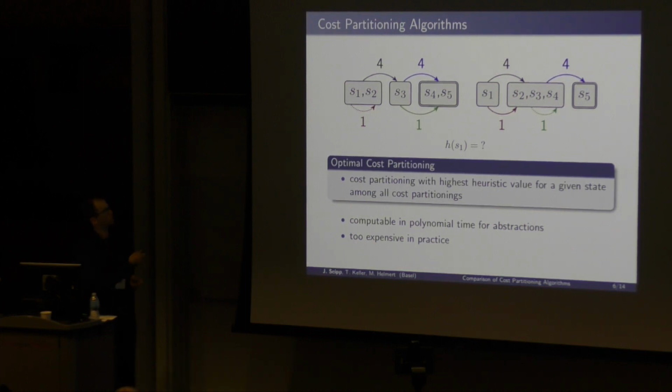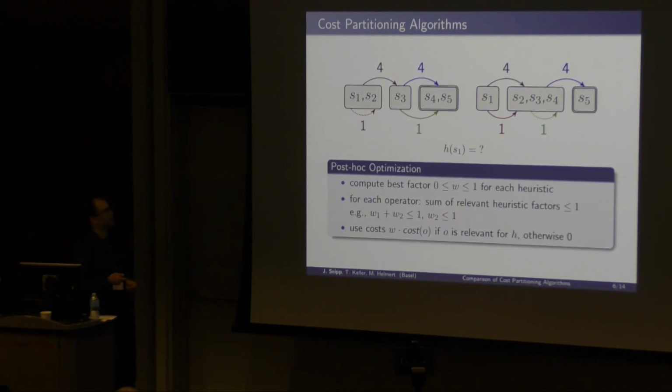So what would we get from optimal cost partitioning in this example? Well, it would recognize that it makes sense to use a cost of 4 for the black operator here, and use a cost of 1 for the blue one, and so on. Then we would get an estimate of 5 plus 3 for the two abstractions, yielding the optimal heuristic value of 8.